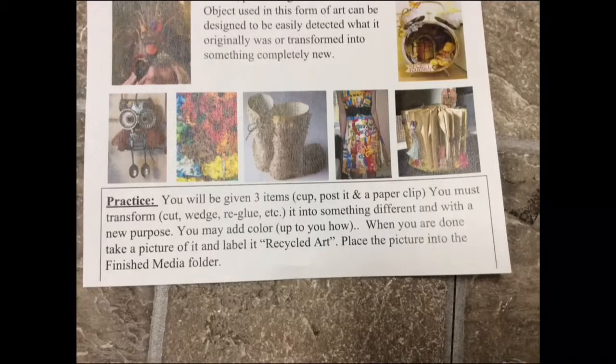So I don't want to know that it is a cup. I don't want it to be used as a cup, so you're going to have to look for something else. You may add color. That's up to you, okay? When you're done, take a picture of it, put it into recycled art, okay? Label it, excuse me, and then put it into your finished medium. And after that, you are all done with exploring and playing around with sculpture.